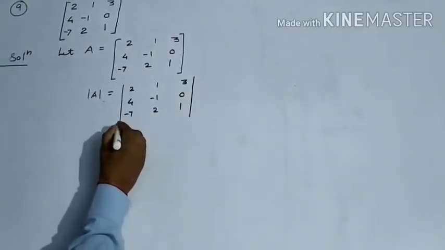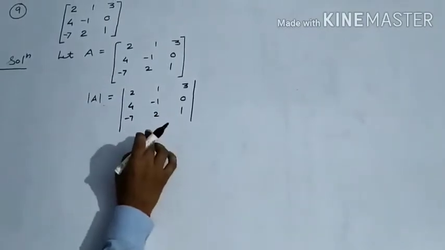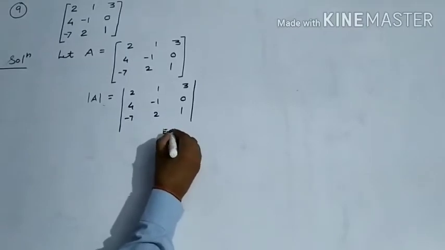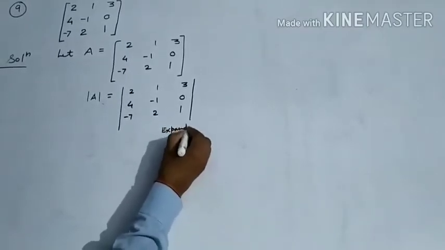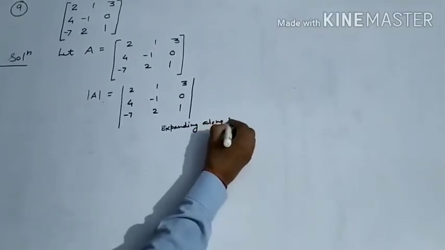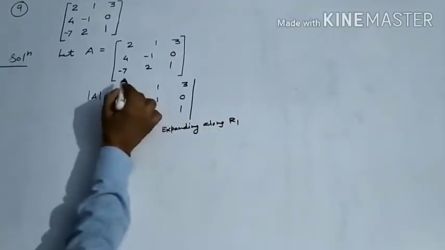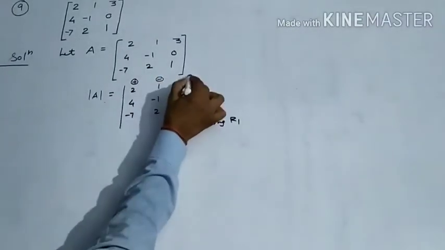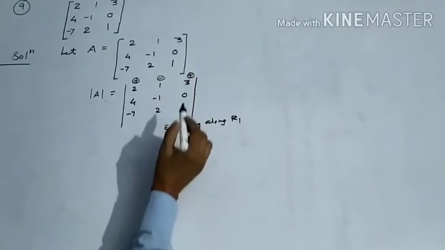Now after that we want to expand this determinant. Suppose we are taking the first row, so expanding along R1. For that we are making the signs plus, then minus, and then plus.